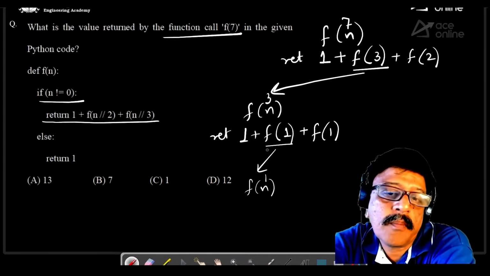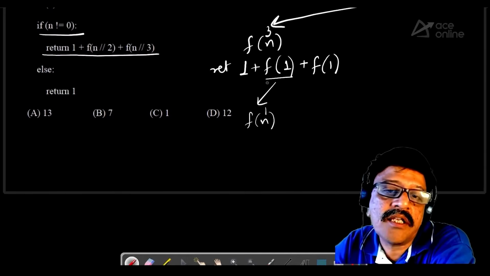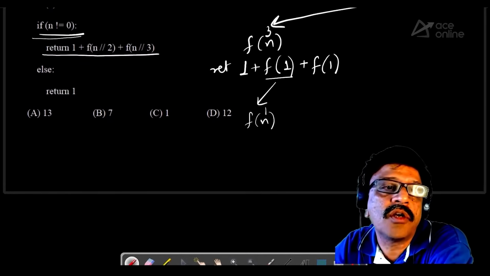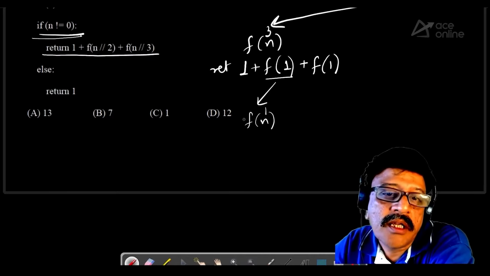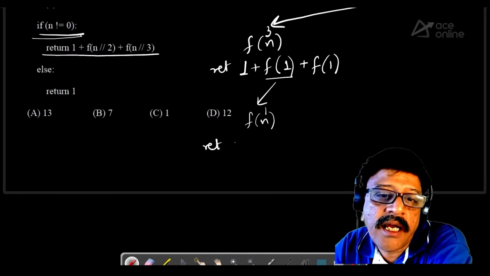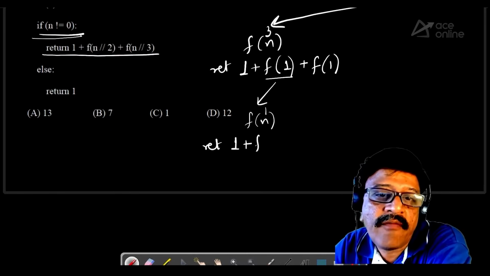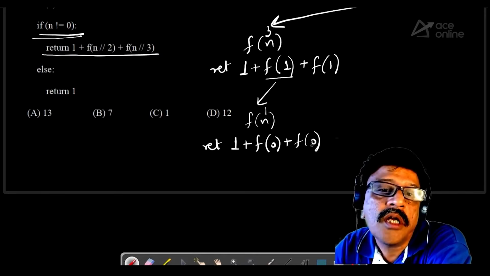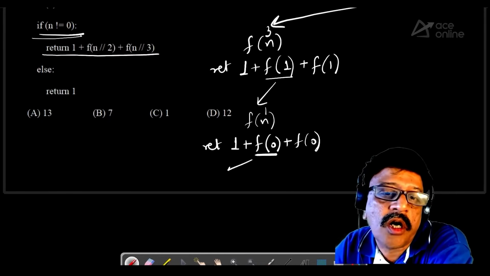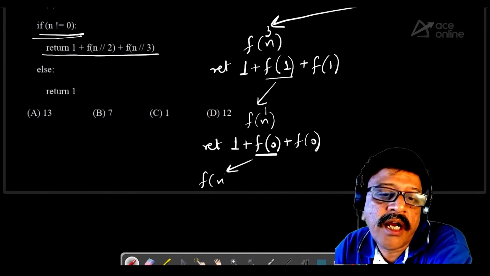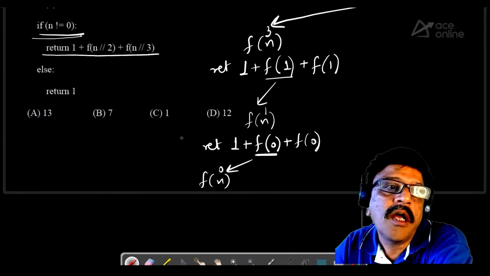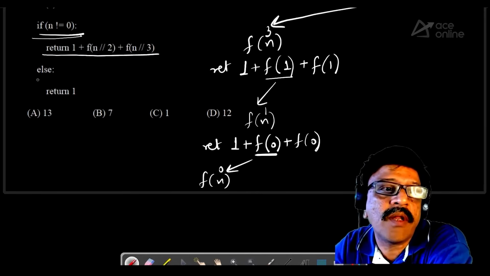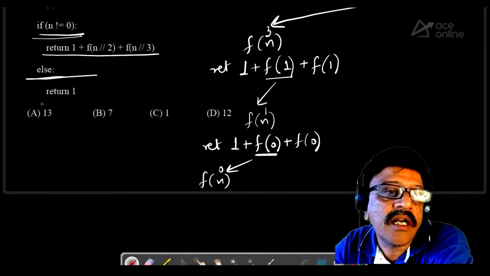Just scroll up. When n is 1, again n not equal to 0 is true. So this line runs, which says it should return 1 plus f(1/2), which is f(0) by floor division, and f(1/3), which is also f(0). Now this f(0) gets called, recursive call f(n), where n is 0. Observe, when n is 0, else will run, which returns 1.